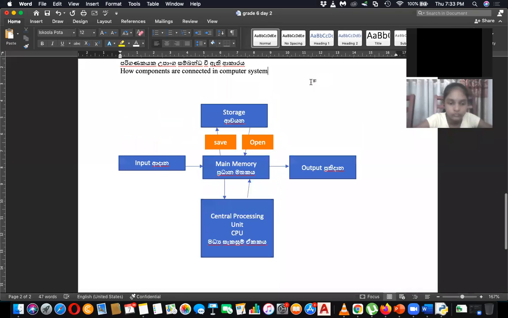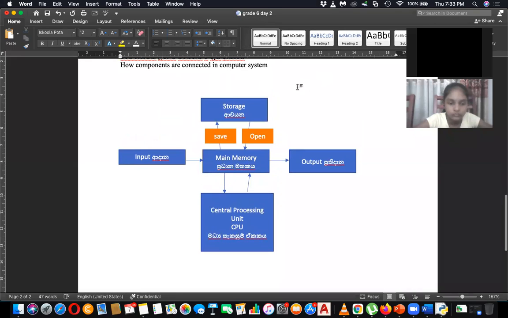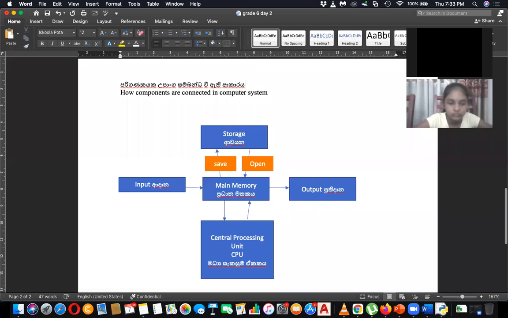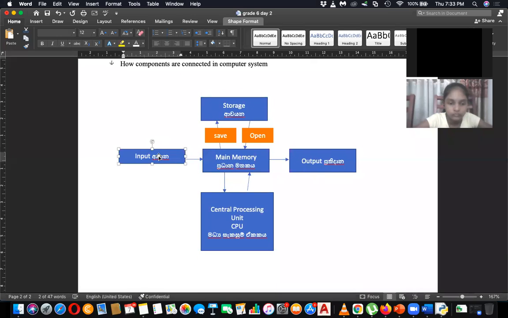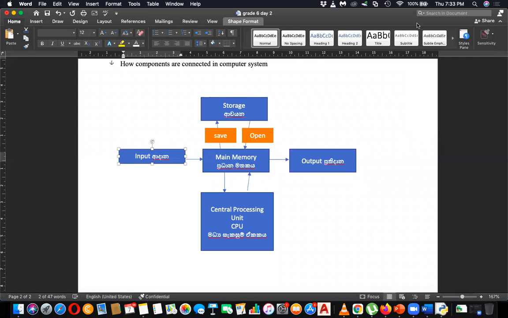Here you can see input devices. Input devices are mainly connected to the main memory.